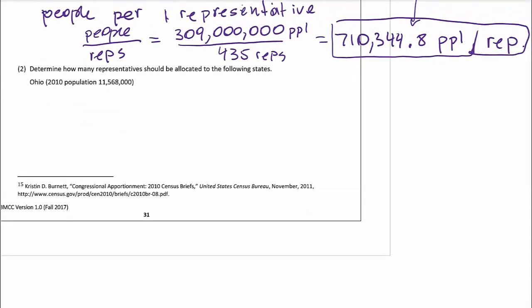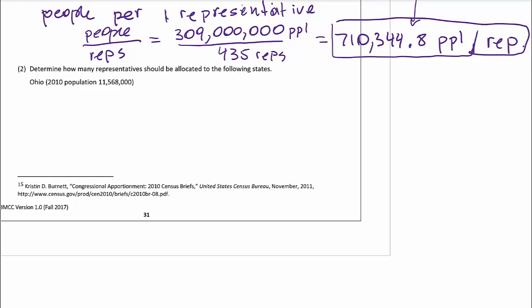It has a smaller population than Staten Island. And you also have Ohio, which is a large state, not the largest one, not the smallest one, somewhere in the middle. We're going to allocate. Allocate means find how many representatives each state needs to have.